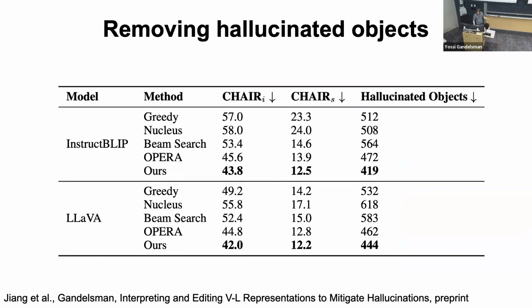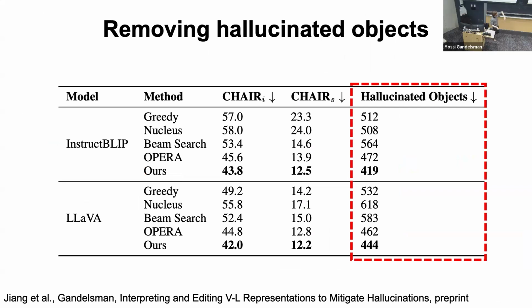And apparently, when we remove these hallucinations, we make this model better just by directly editing the internal representation. We did it on two types of models, InstructBLIP and LLaVA. There are some metrics here, but I don't want to go into them. Basically, as you can see, we reduce the amount of hallucinated objects significantly.